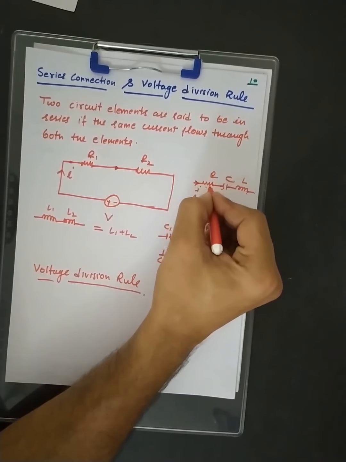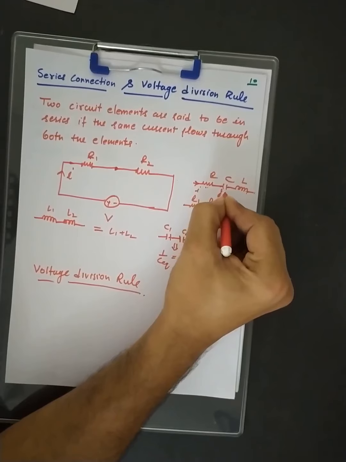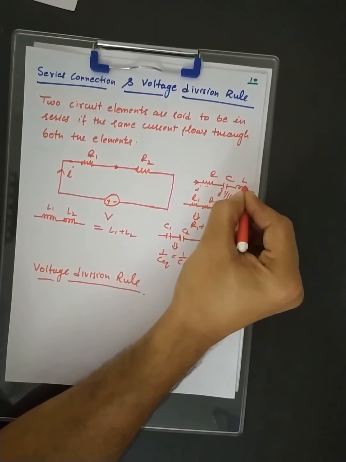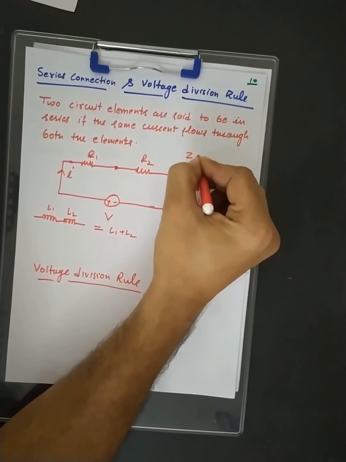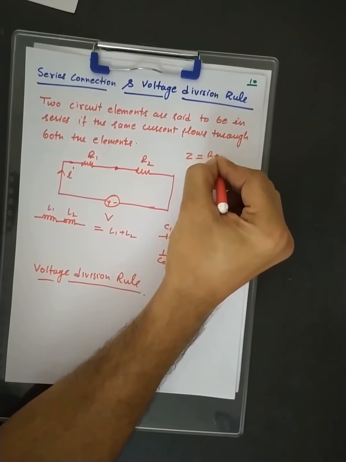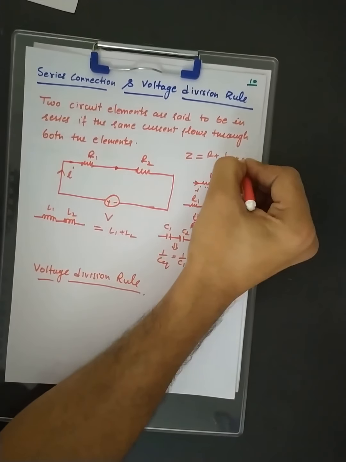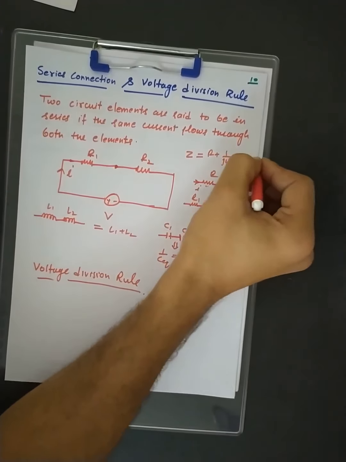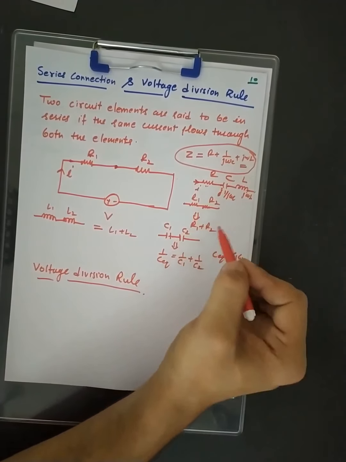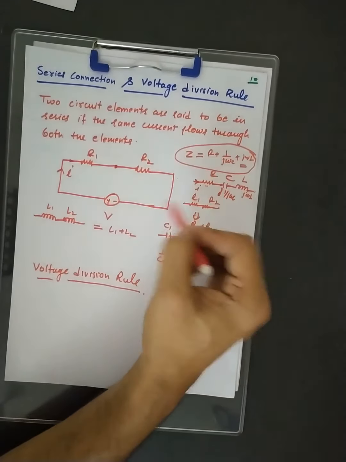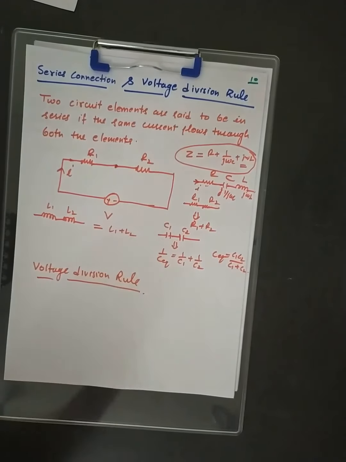So you just find out X of C, that is 1 upon j omega C. You can find out this j omega L. Then you can find out equivalent impedance value of these is R plus 1 upon j omega C plus j omega L. Okay, these kind of problems we will solve when we analyze, we will synthesize the circuits, right? Let me tell you about the voltage division rule.